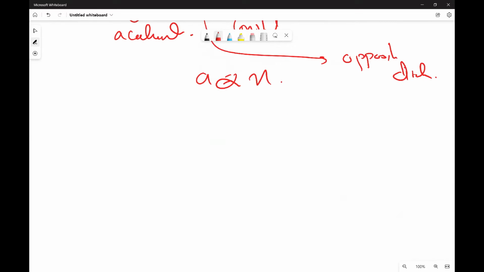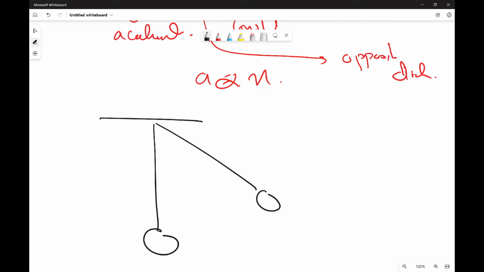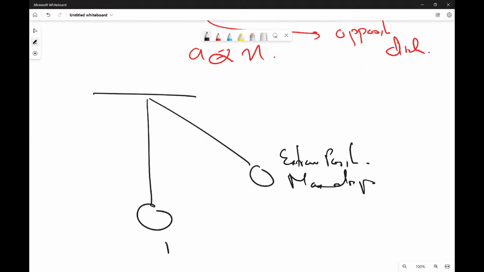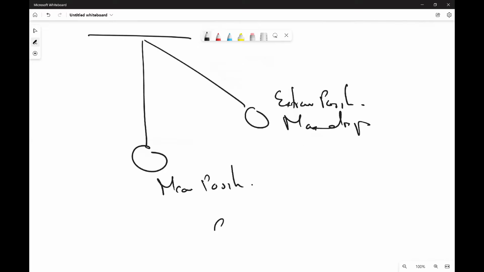So I'm once again going to draw this pendulum here to explain. First of all, this rightmost is the extreme position of this pendulum, or you could say the maximum displacement, and this is the mean position here. So following a is equal to negative omega square x, this explains that when the pendulum travels towards the right hand side, the acceleration is acting towards the left hand side.